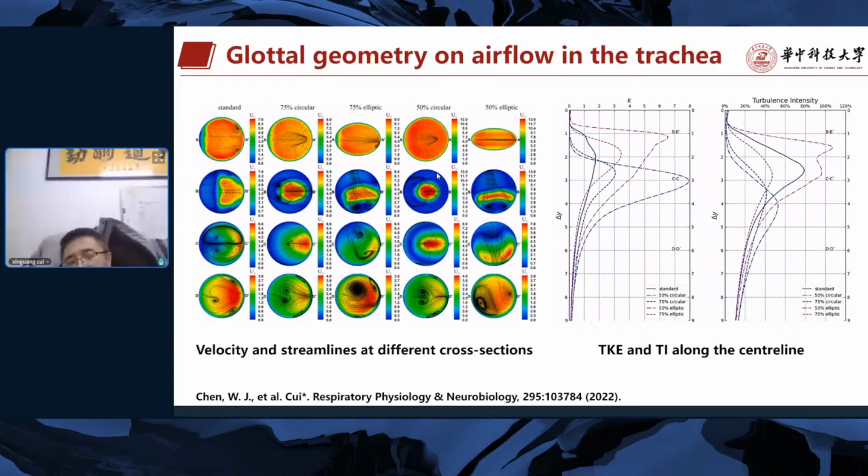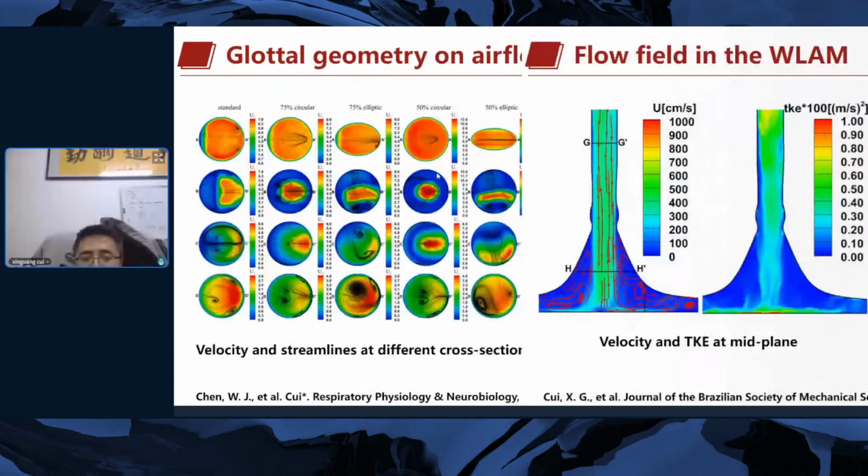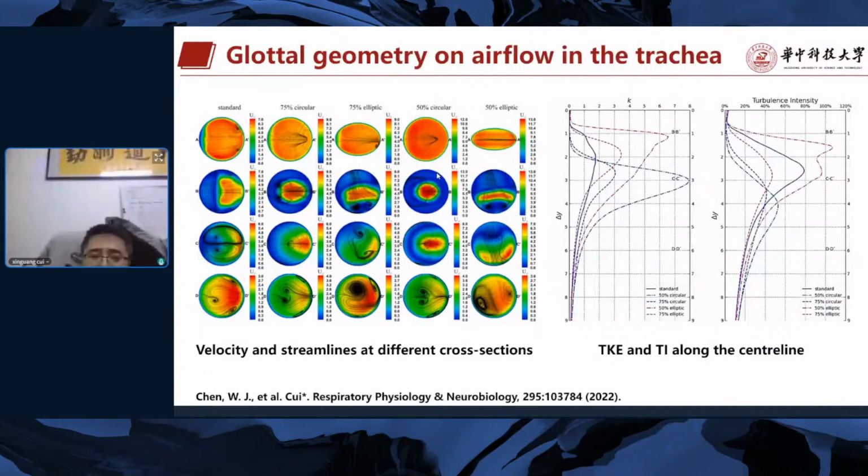We see that the reduction of the area mainly impacts the laryngeal jet intensity, but it doesn't impact so much the shape of the laryngeal jet, while the shape impacts the laryngeal jet much more.